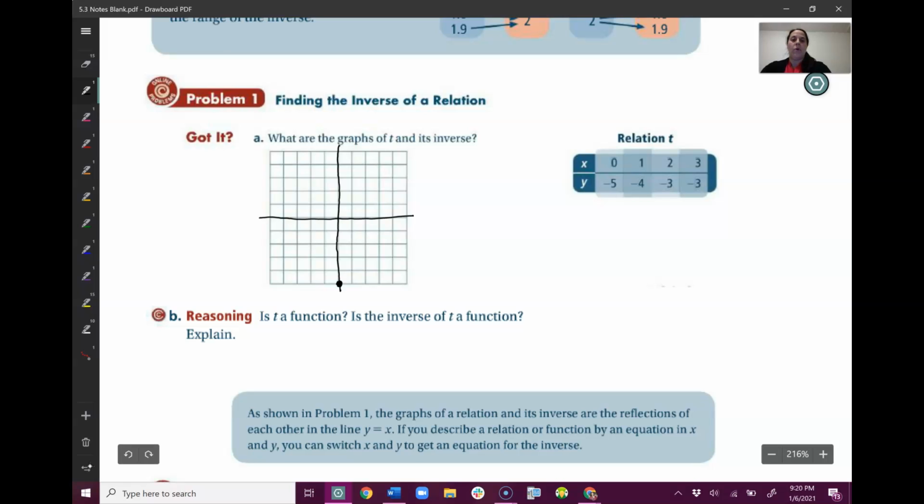And then I have 1, -4. And then 2, -3. And 3, -3. Let's color code this a little bit, give you a little bit of extra time to get those written down. I'm going to do these ones all red.